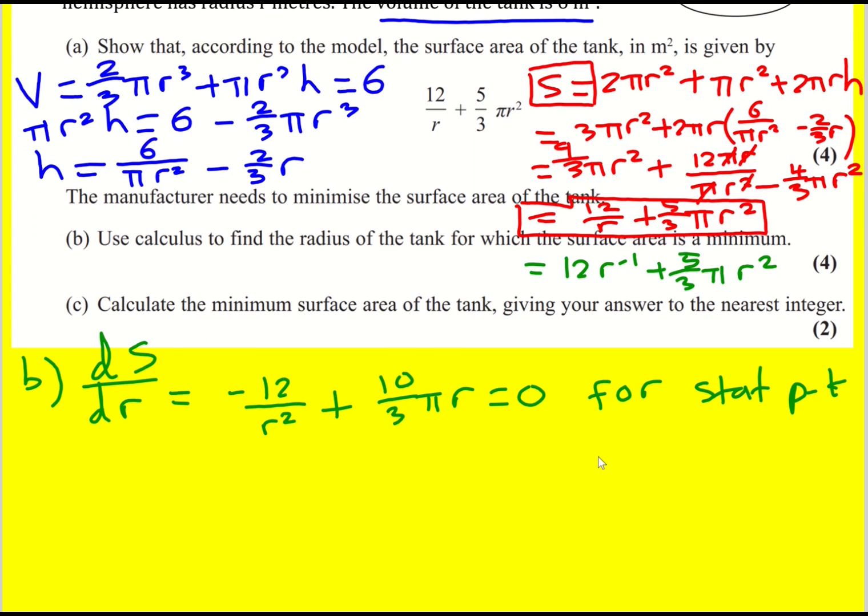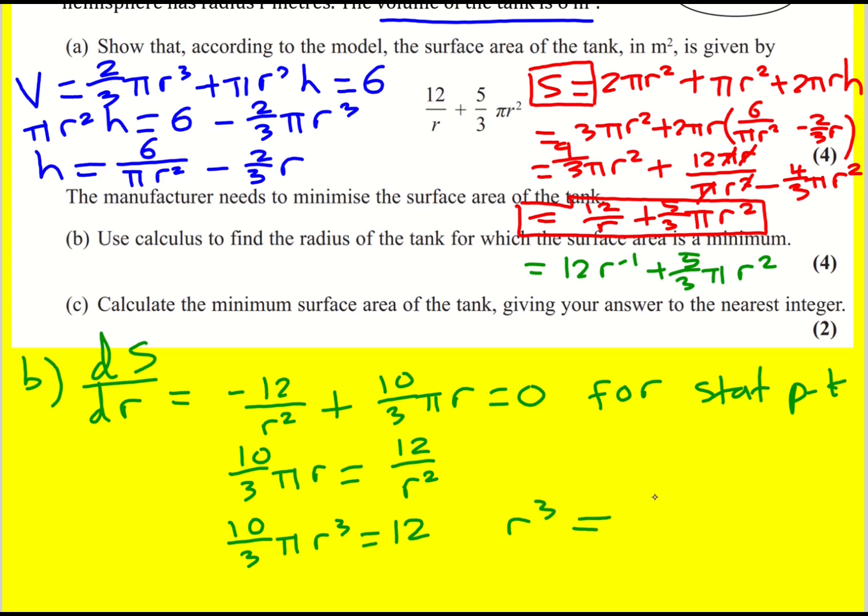I'm going to first write 10 over 3 pi r is equal to 12 over r squared. Then I'm going to multiply through by r squared. Now I'll times by 3, divide by 10, and divide by pi.